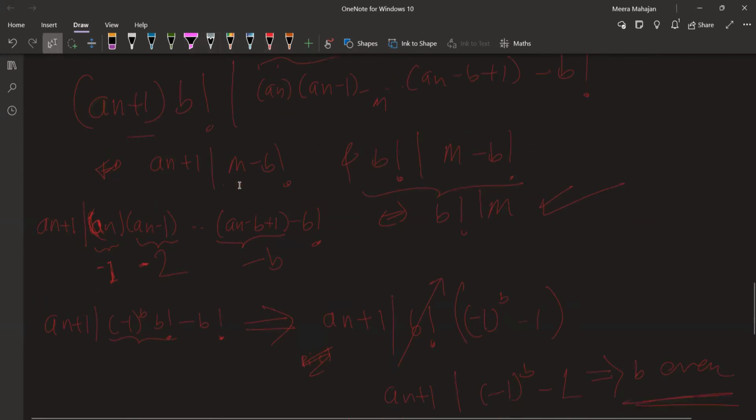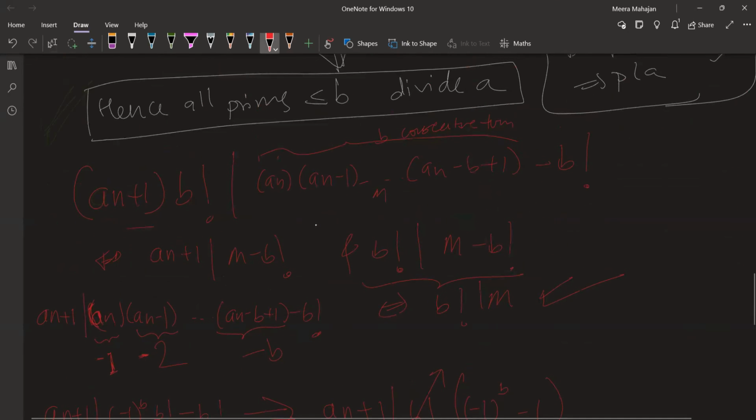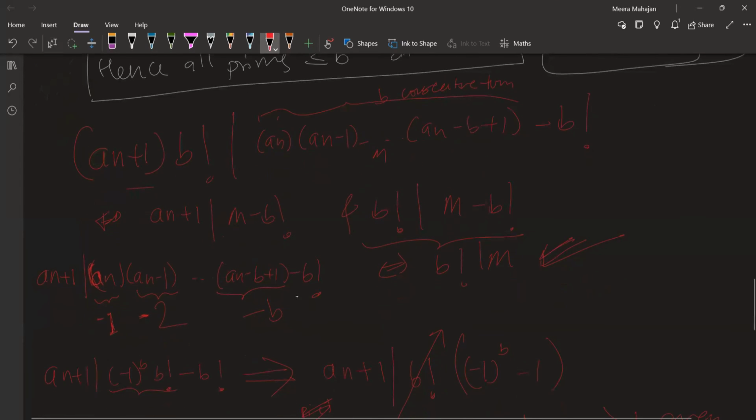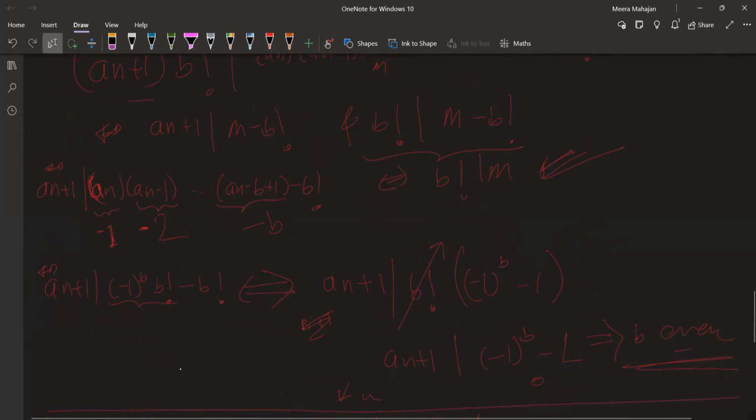I'll just quickly summarize it. a_n plus 1 and b factorial would again be co-prime because all primes at most b divide a. And hence this equation holds if you have these two divisibilities. This equation always holds, and this equation holds if and only if this holds, if and only if this holds, and this holds when b is even because you just get 0 here.